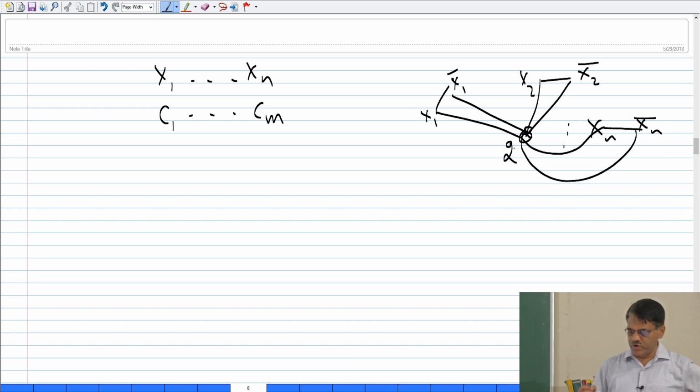Now for the clauses, I am going to construct the following. Let's say this vertex has a name, I'm going to call it red.